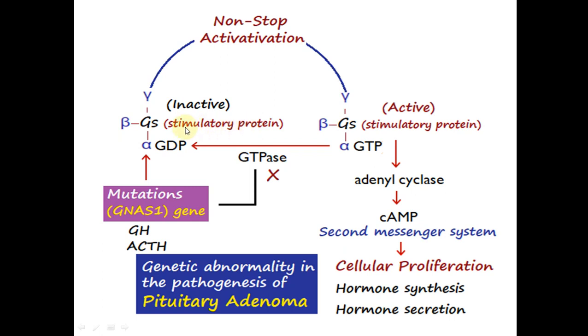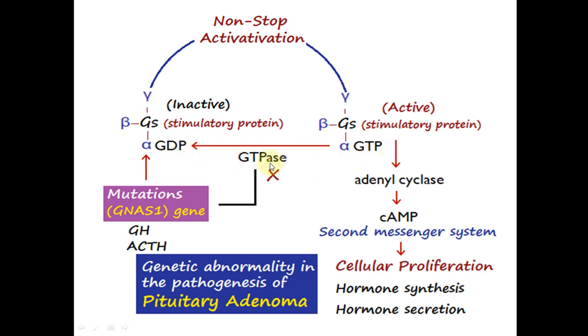But what happens when the GNAS1 gene is mutated? This GNAS1 gene codes for the alpha subunit of this G protein. So when it becomes mutated, it doesn't respond to the GTPase, and the GTPase-associated conversion of GTP into GDP stops.